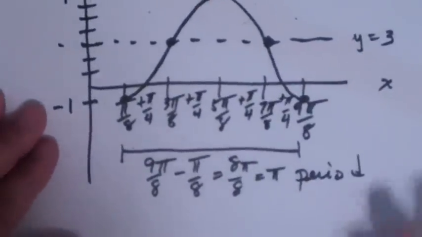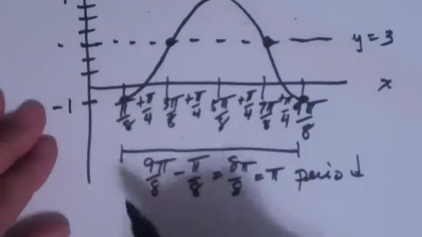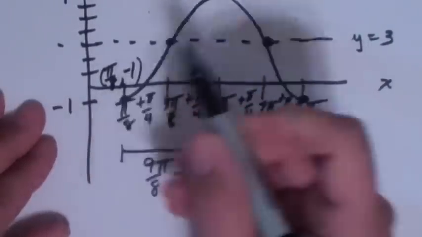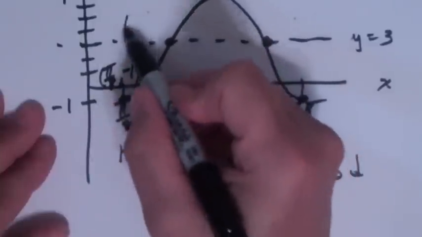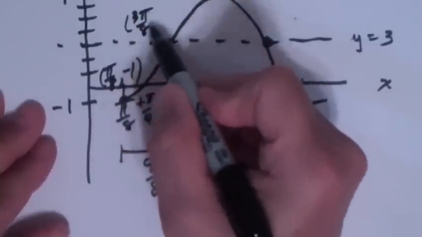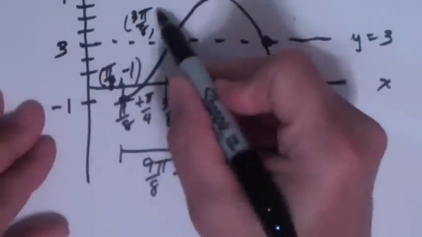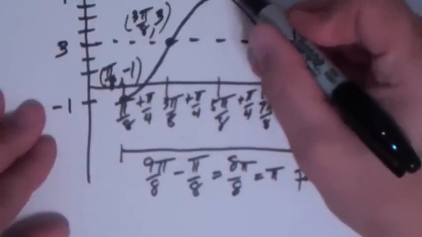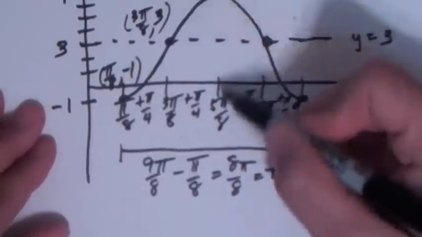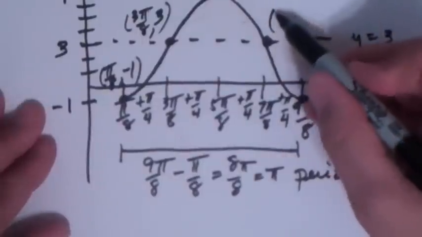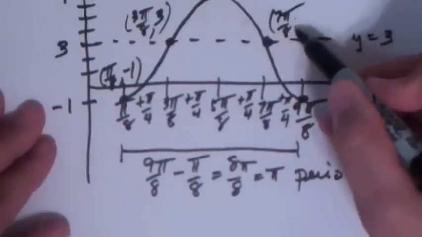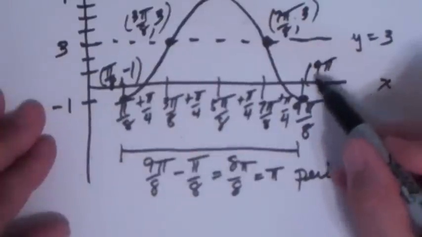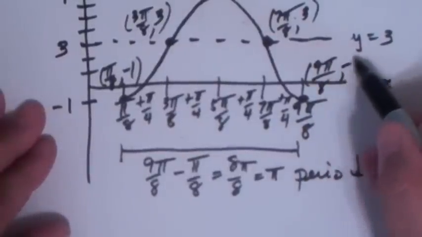So now, I can label these points. This is going to be pi over 8, -1. This point is going to be 3 pi over 8, and 3. This is going to be 5 pi over 8 and up 7. This is going to be 7 pi over 8, and up 3, and finally 9 pi over 8 and negative 1.